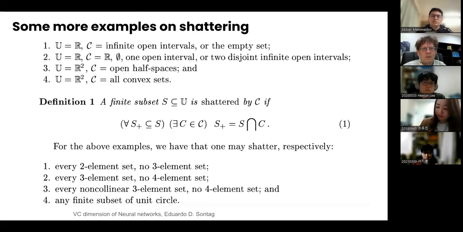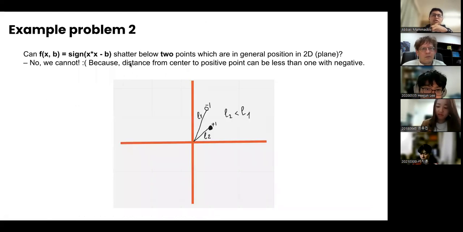And that's all for shattering examples. And these are some examples I took from VC dimension of neural networks. There was a paper called that, and it was a very detailed and mathematical paper. You can take a look at that. And here U is the input space, which is in our case just the two-dimensional case R2, and C is the training data that we are wondering about, the given example.